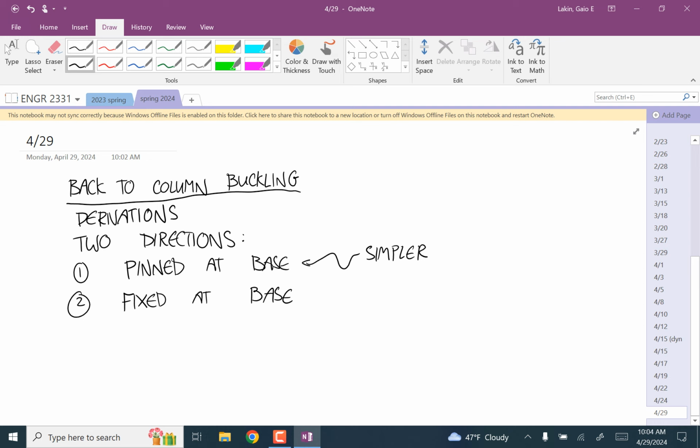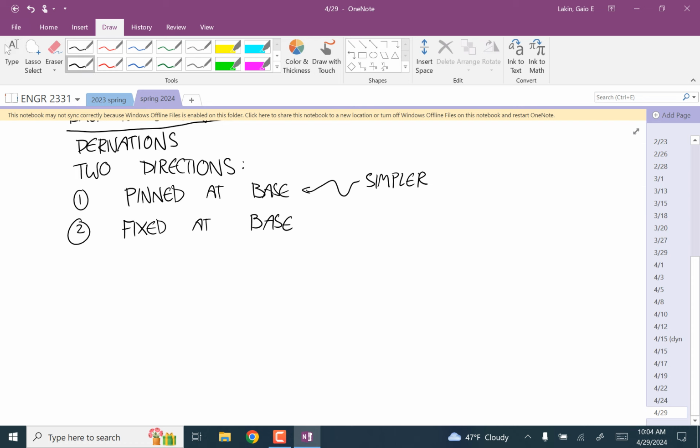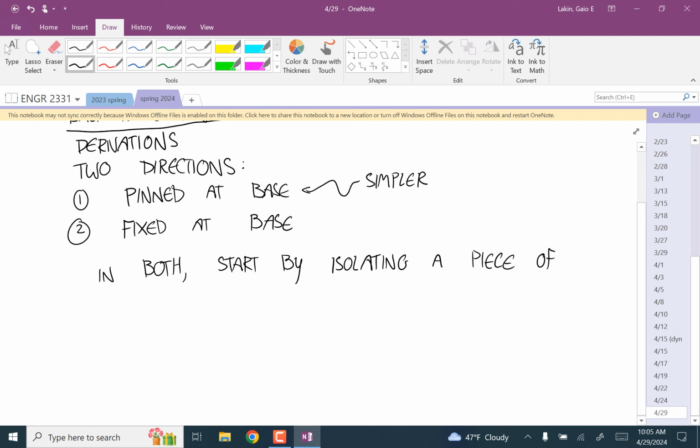In both cases, we're going to start out by isolating just a piece of the beam. So we're going to start by isolating a piece of the column from 0 to some arbitrary point x, okay?